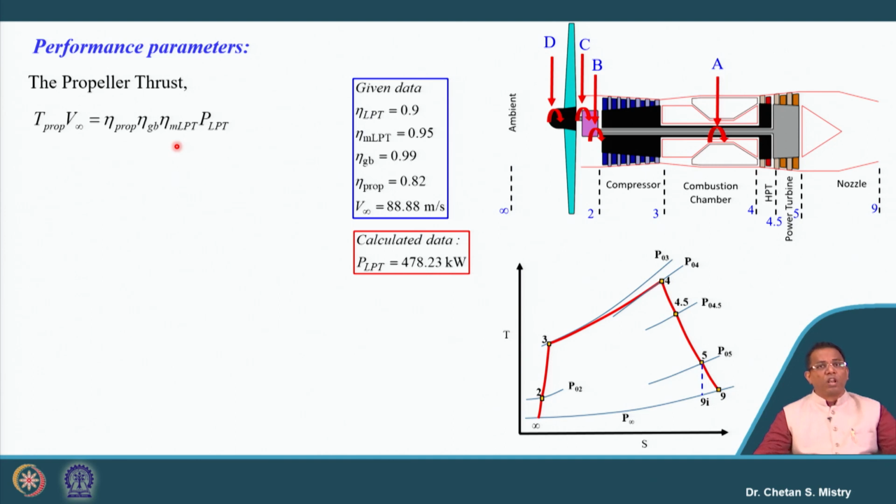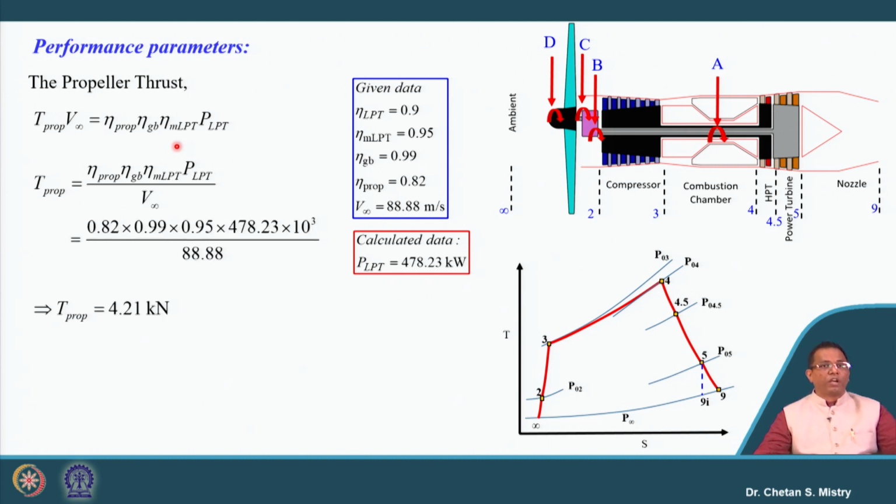So these all efficiencies are known to us, so we can calculate what will be the thrust generated by this propeller. And if we are calculating that, the thrust generated by the propeller is coming to be 4.21 kilonewton. As we have discussed in earlier class, this propeller thrust can be calculated in many ways. It all depends on what configurations we are having and how people want to do their calculation.